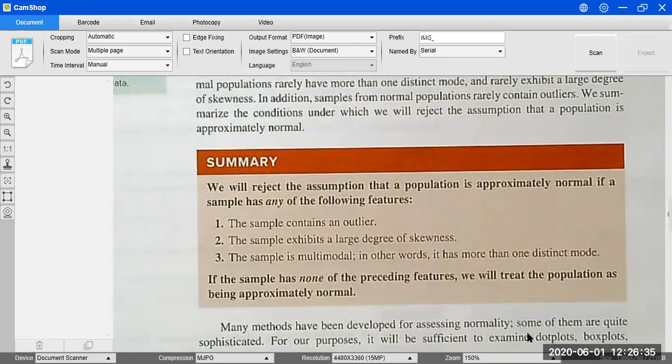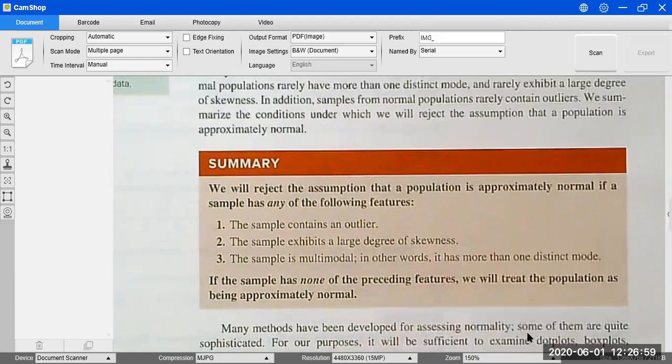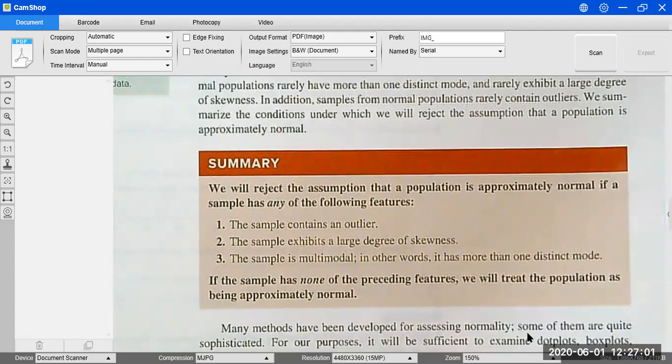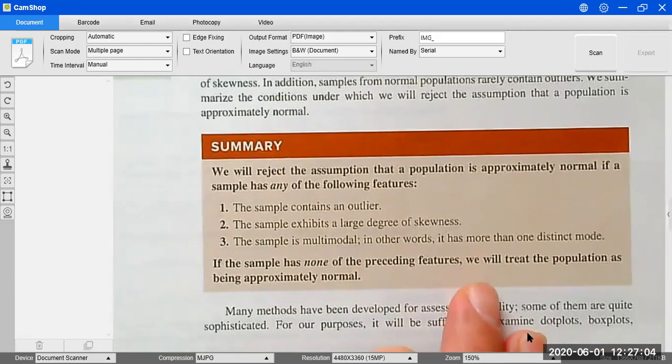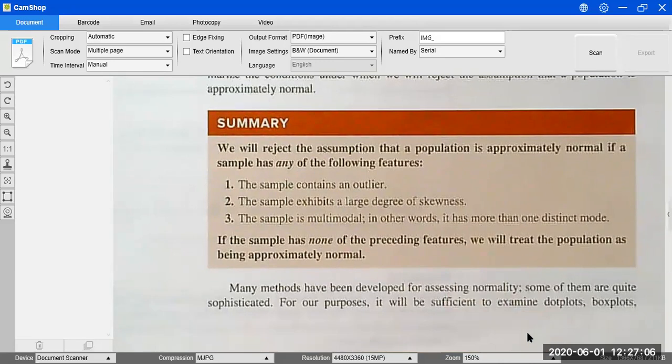Also, if the sample exhibits a large degree of skewness, in other words, the distribution is not symmetric, so you might have one tail larger than the other, that's skewness. Or if the sample is multimodal, in other words, it has more than one distinct mode. If you find one of these conditions, then your distribution cannot be normal, so you cannot use the normal distribution.